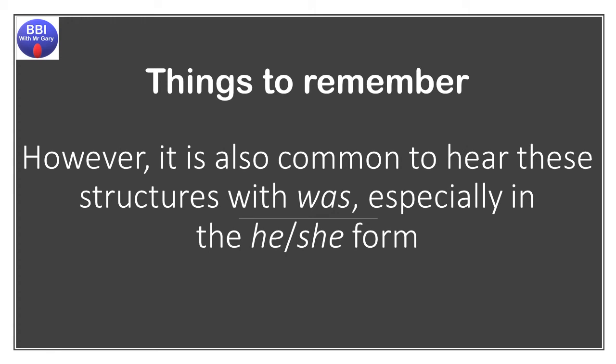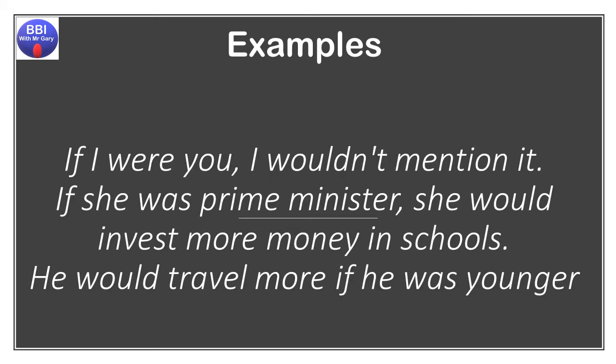However, it is also common to hear these structures with was, especially in he or she form, and this is typically used by American English speakers or people who are using conditional sentences in an informal setting, such as with friends, perhaps with family, etc.